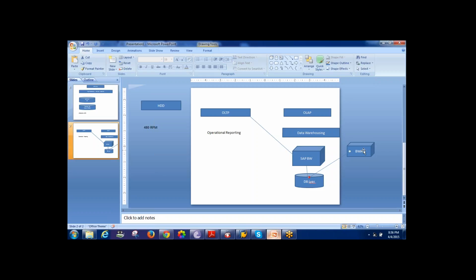So in order to achieve reporting performance, companies had to buy SAP BWA and the database. So there was dual maintenance, the BWA system and your database. Okay. So looking into all these problems, what did SAP do?